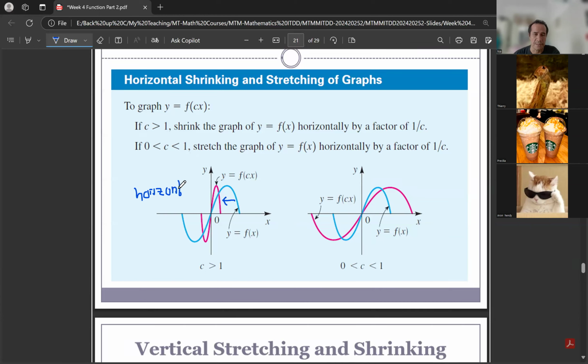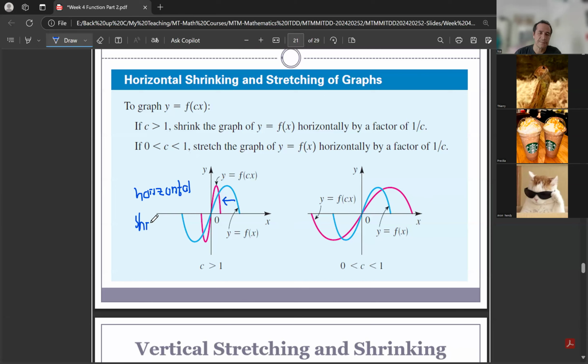It means that the graph seems to be pressed toward the y-axis. Horizontal shrinking.